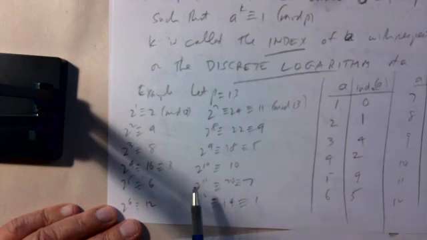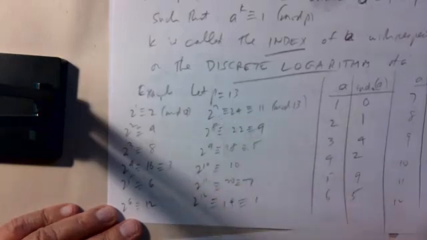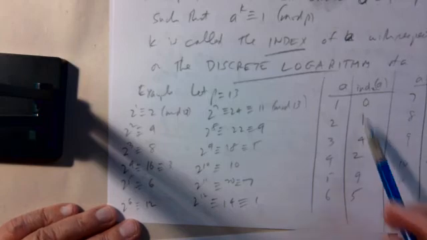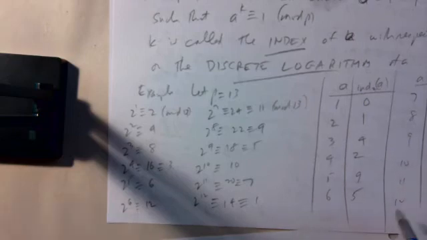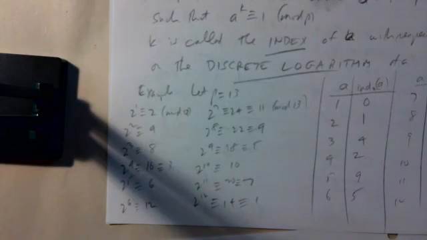What power of 2 is 10? 10. What power of 2 is 11? 7. What power of 2 is 12? Here it is, 6. So I have all the integers from 0 to 11. Those are the different indices for 2.